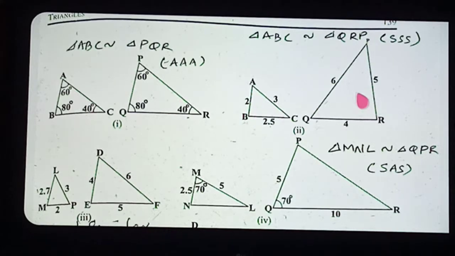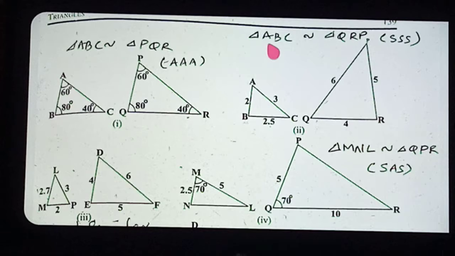So AB by QR is 1 by 2, BC by PR is 1 by 2, AC by PQ is 1 by 2. Okay, these all corresponding ratios are equal now. 1 by 2 got: AB by QR is equal to BC by PR is equal to AC by PQ. Okay, corresponding sides are in the same proportion. So that similarity you write.